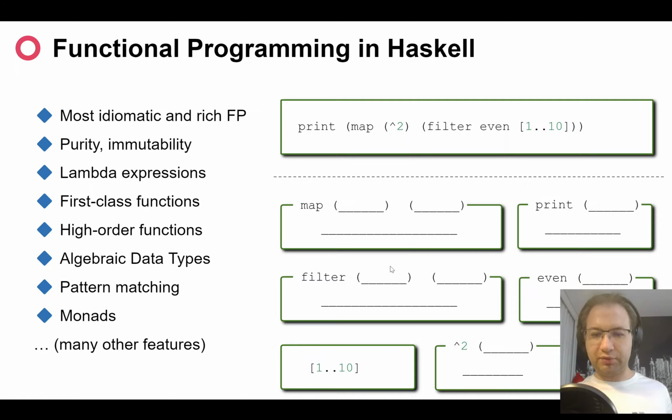So we have a filter ticket, it has two slots, and we can put some correct things into those slots, and this ticket itself can be put into another ticket, and so on. So this is how we feel doing functional programming.